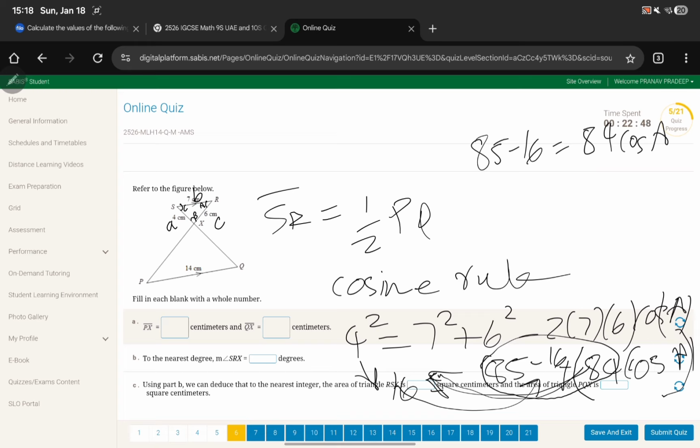So here you have 69 equals 84 cos A, and you divide both sides by 84.